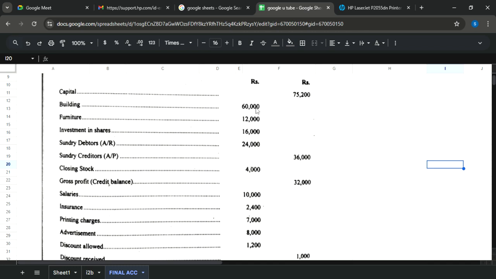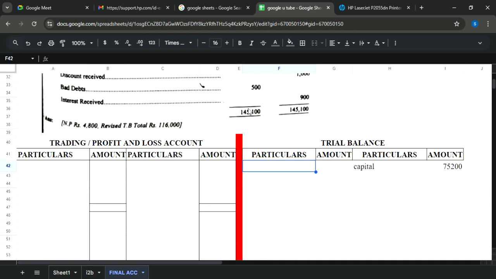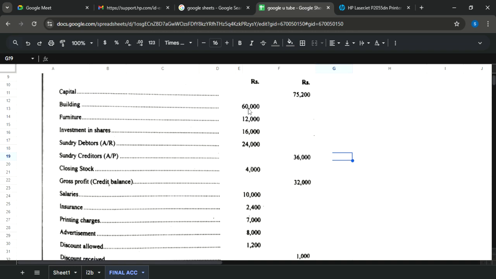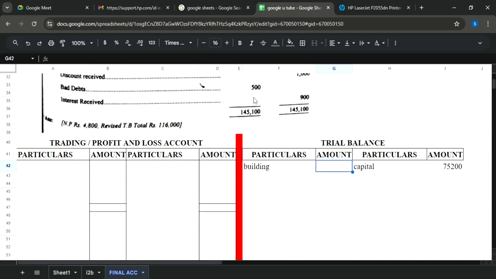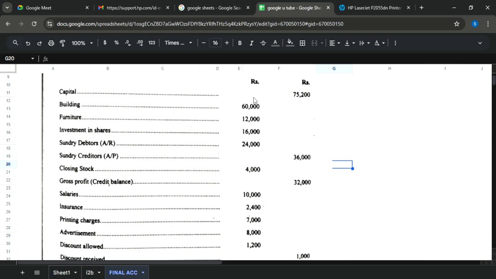Next is building. Building is again not part of the profit loss account, and it is written on the debit side. So you will go to the debit side and write building. Let's see how much amount: 60,000. Post it to the debit side. Next is furniture. Again, furniture is not part of the profit loss account.